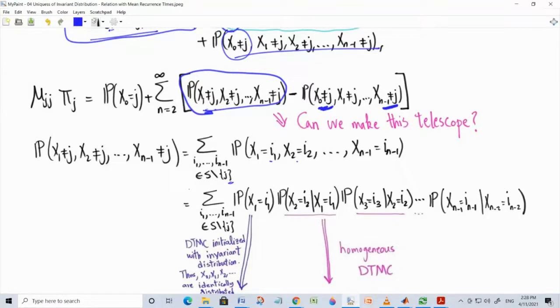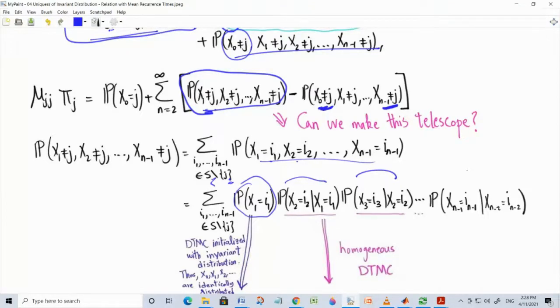And the same for x2 up to xn minus 1. Okay, so all those guys, not equal to j, can be written as summation over the state space excluding j. Then apply the chain rule. So by applying the chain rule, you can write down this: x1 is equal to I1, x2 given x1, x3 given x2, and so on.